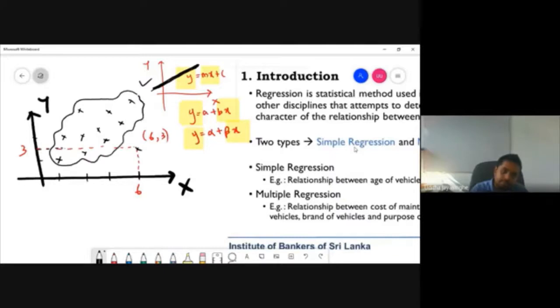Let's say this is the height of a student, my famous example, and this is the weight. If I just put up some random students and draw some sort of a scatter diagram like this, I will never find a perfect best fitting line like this.